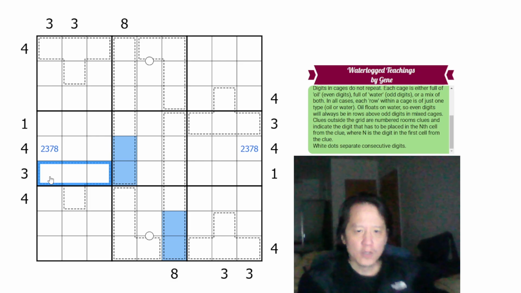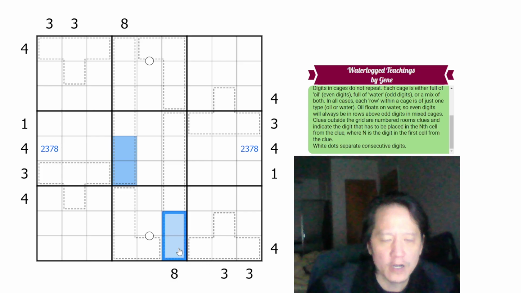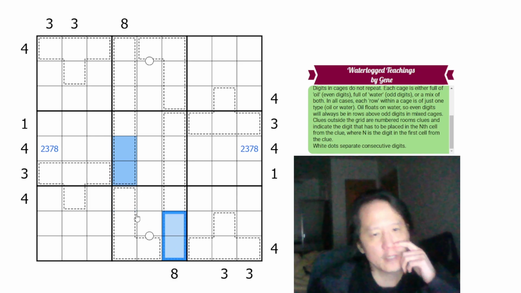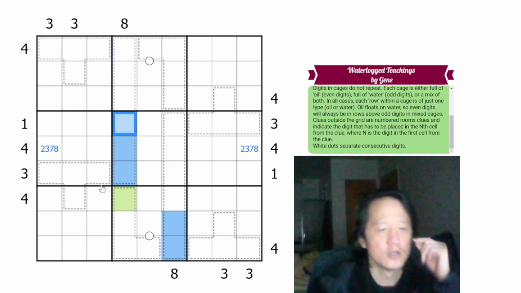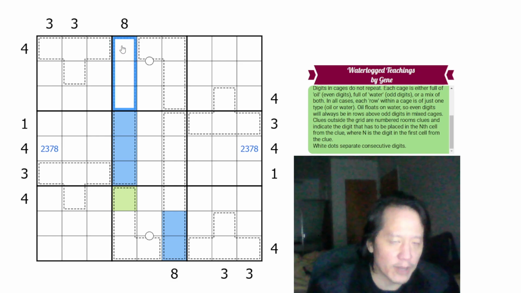Hmm. So since these two are odd, this one has to be even, right? Say we tried to make it odd, all the rest of them would have to be odd, and you would have 6 odd numbers in box 8, which is not allowed. So therefore, this must be even, which means this one also has to be odd because there's only 3 now at most even numbers there.